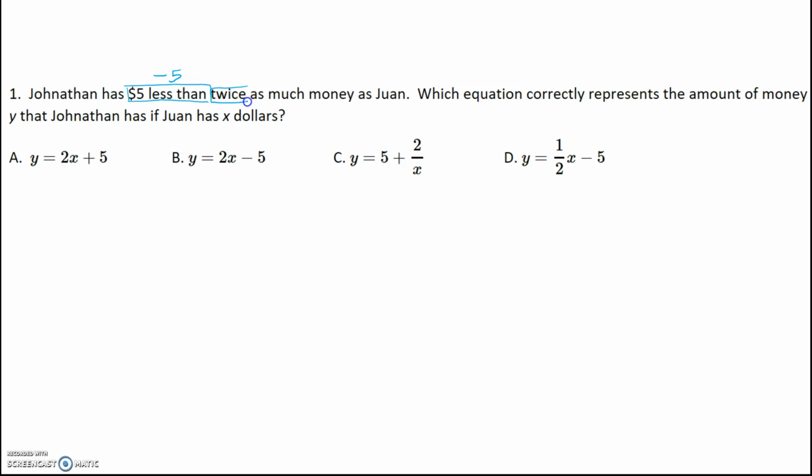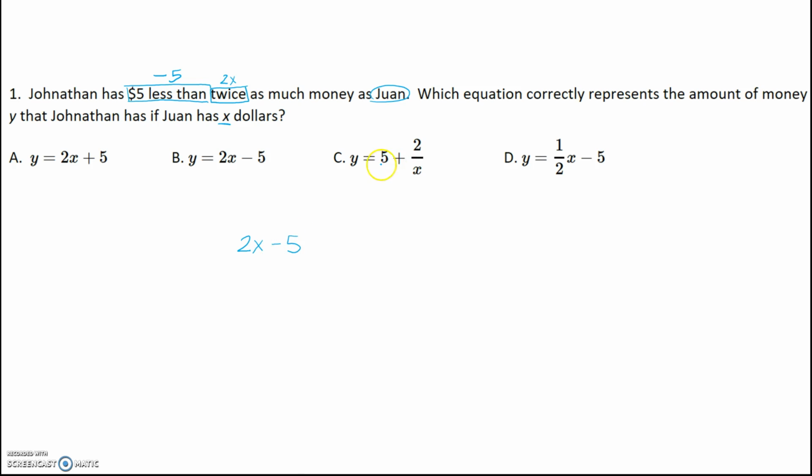Twice as much money, so 2 times as much money as Juan. So 2 times 1, and it says 1 is X. So 2 times 1, and it's $5 less.